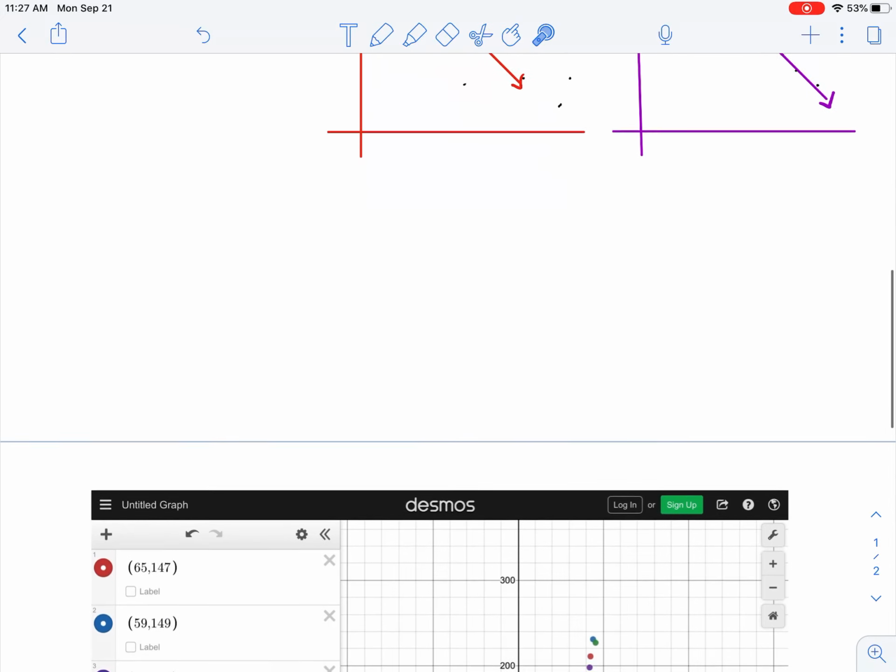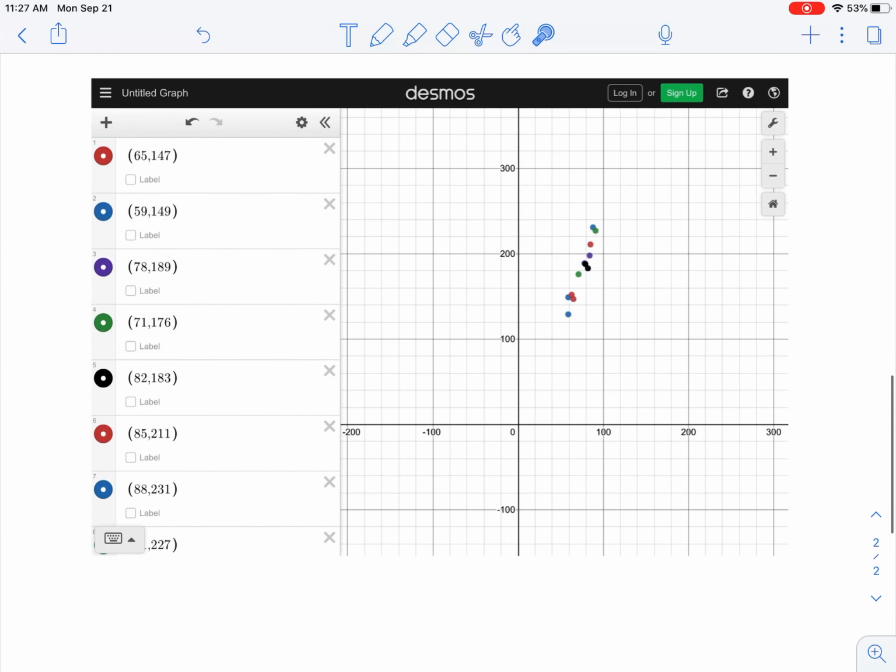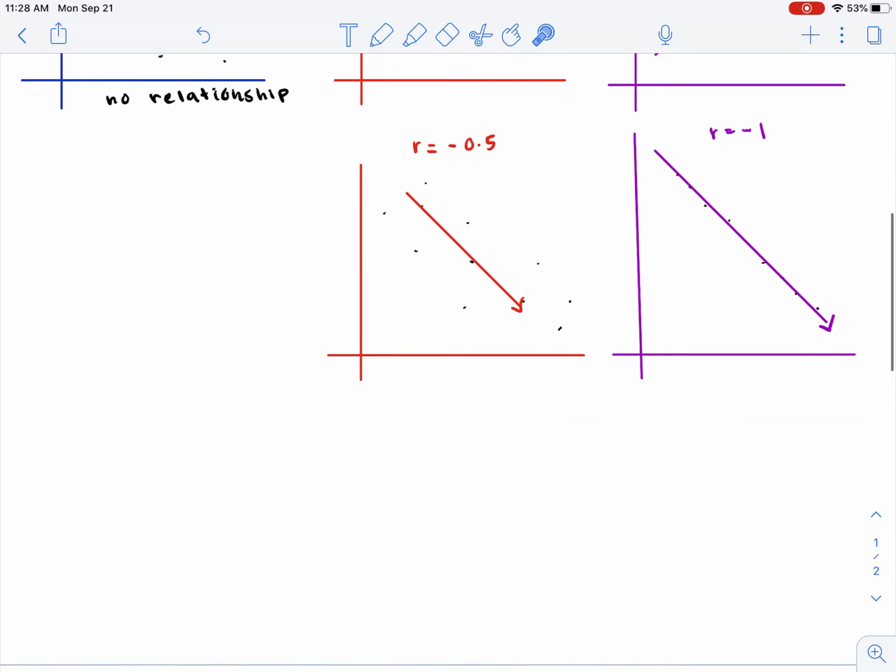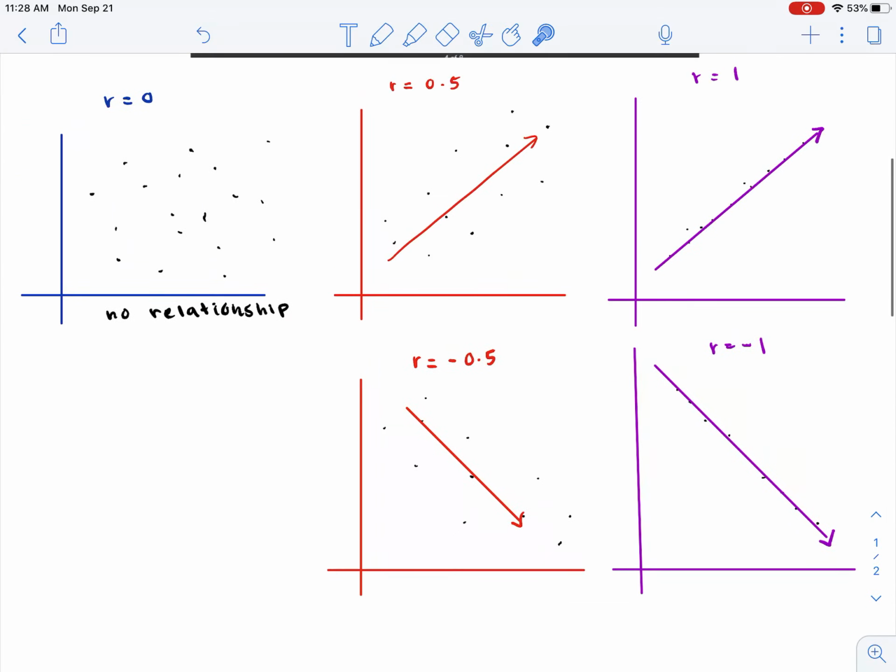I actually went to Desmos myself. I plotted each of the points individually, each represented by a color, and then you look at your scatter plot to see which correlation coefficient best represents it.